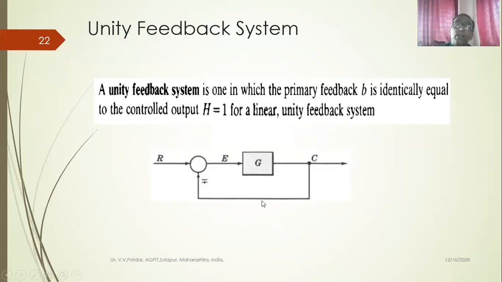When H is equal to 1, we don't have any block. We call it a unity feedback system. So even if a simple line is there, we call it a unity feedback system because H will be equal to 1. A unity feedback system is one in which the primary feedback B is identically equal to the controlled output C, because there is no H or H is equal to 1.